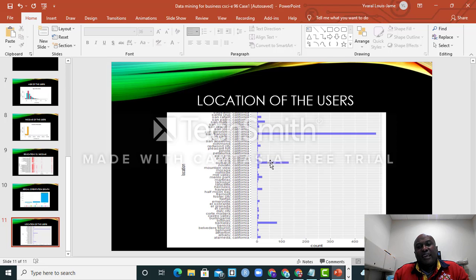Therefore, any business decision that would follow this analysis should focus on the San Francisco area. And after, we can go to Oakland and Berkeley. But in general, California is the state where we should focus everything. That's my latest insight.